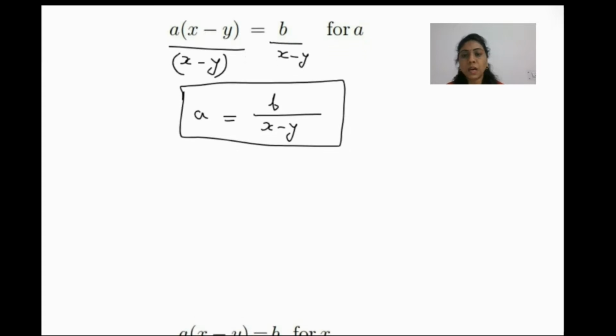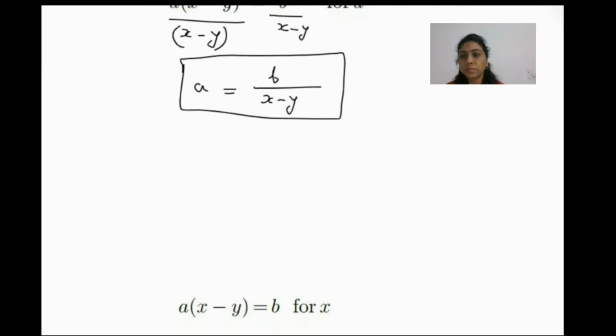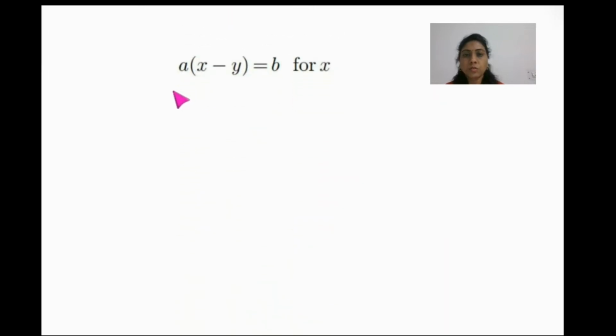Now same question, but now solve for x. So here to solve for x, we have to open the parenthesis and use the distributive property. a multiplied with x is ax, and a multiplied with y is ay, with a minus sign, equal to b. We want to solve for x, so to remove this, add ay to both sides.